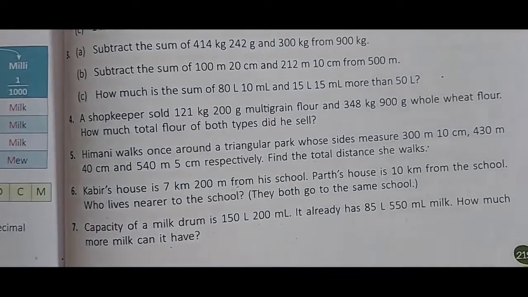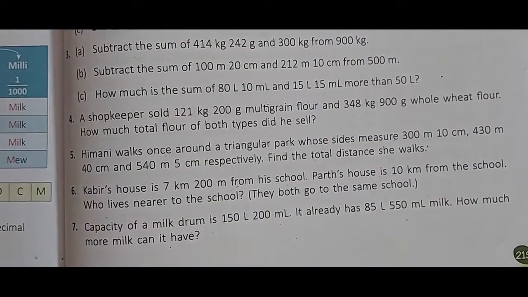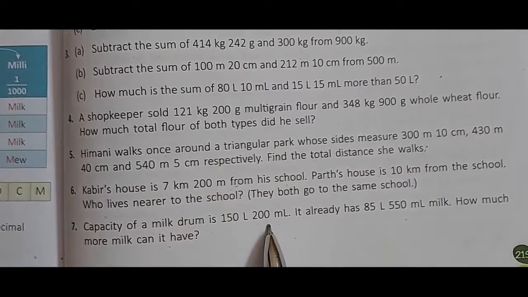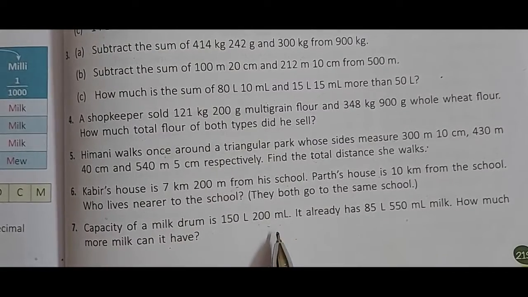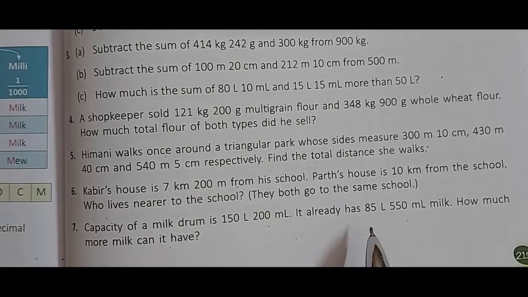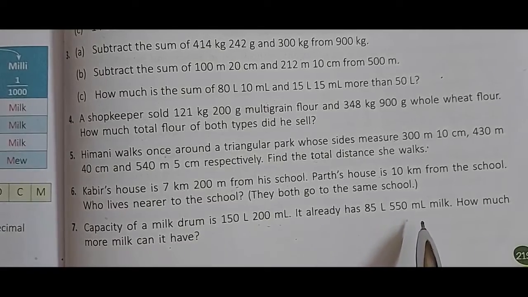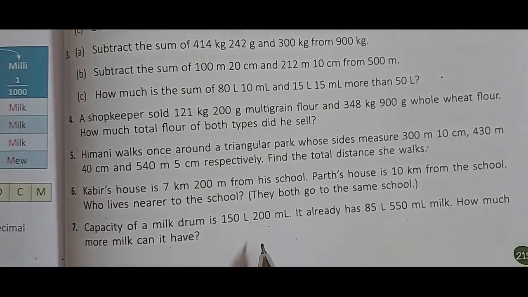Next we come to question number 7. Question number 7 is, capacity of a milk drum is this much, 150 liters 200 ml. It already has 85 liter 550 ml milk. How much more milk can it have?